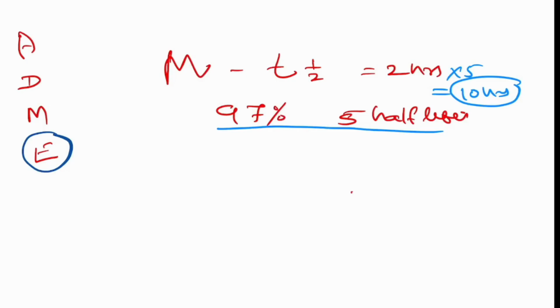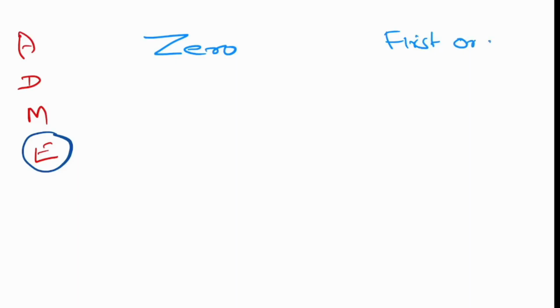So the last part, something called the drug kinetics. There are 2 ways the elimination happens. One is called the zero order kinetics. Other is the first order kinetics.